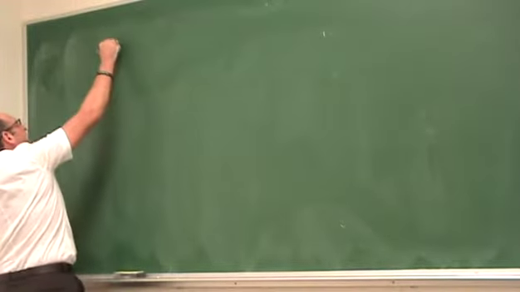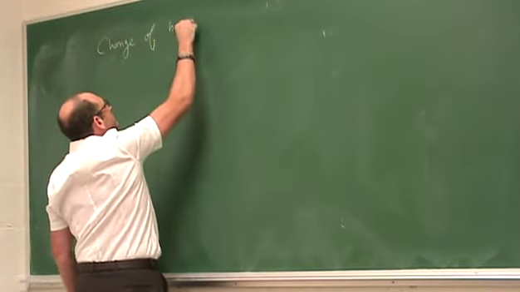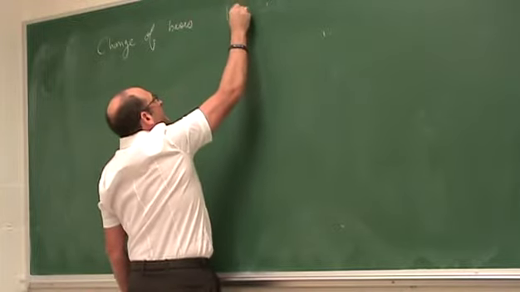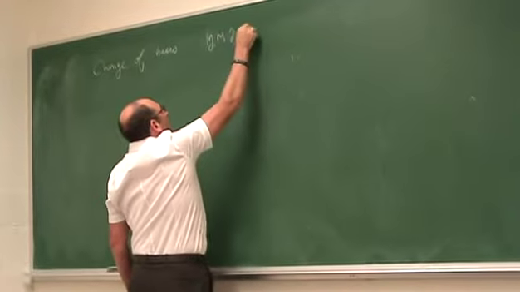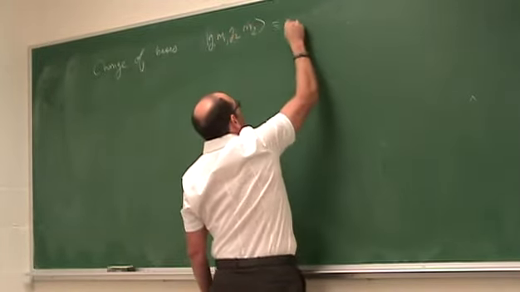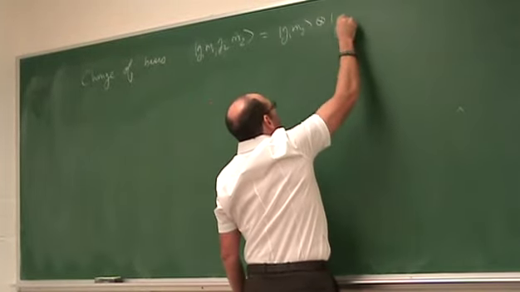Let's do a change of basis. We have the uncoupled basis, which for more simplistic notation, I will put all together in one ket, where this is a shorthand for this product state.